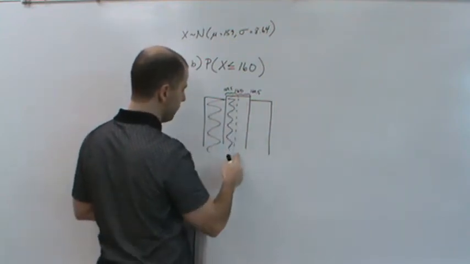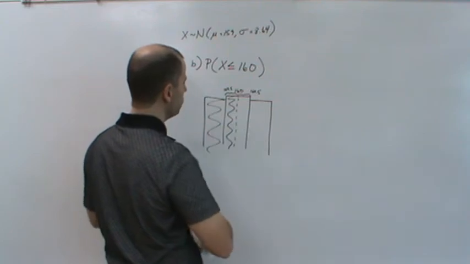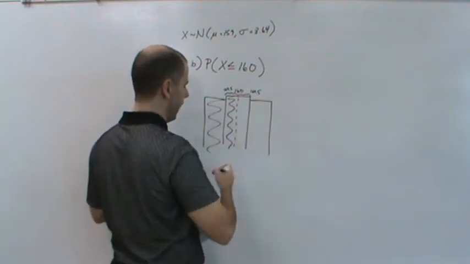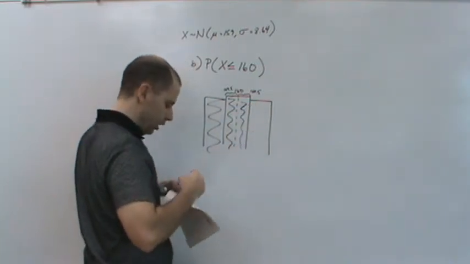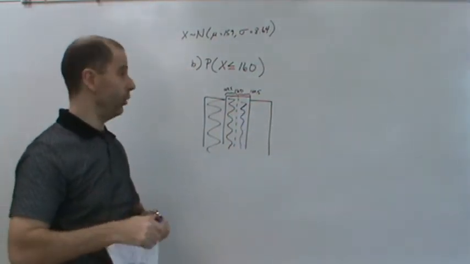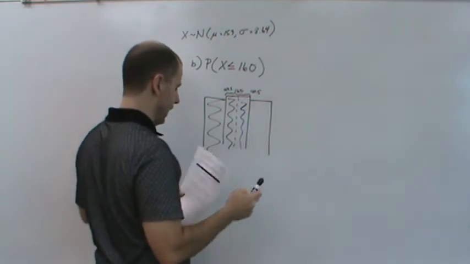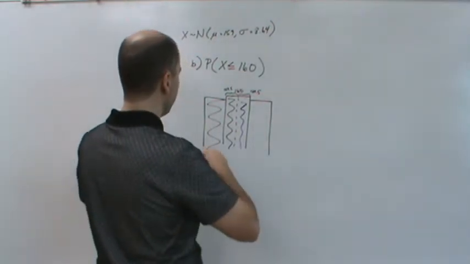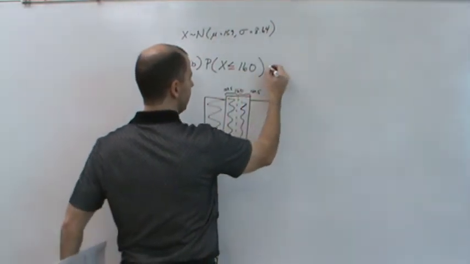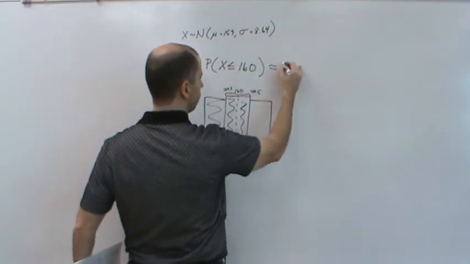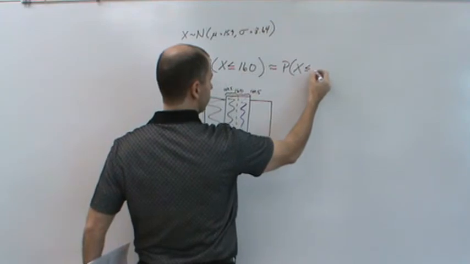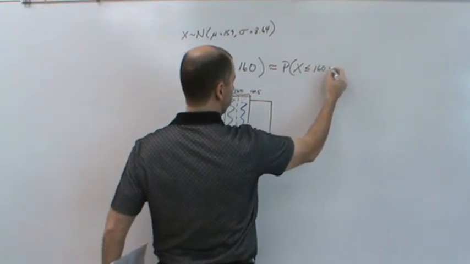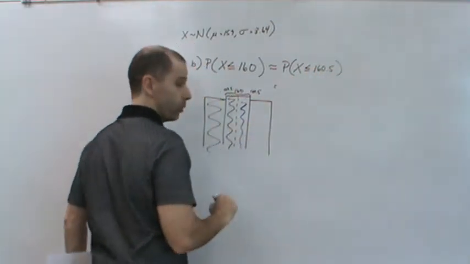We're going to miss this piece here. So we want to add 0.5 to make sure that we get all of this. And so that's what we're going to do. So if we add 0.5, then this probability is approximately equal to the probability that x is less than or equal to 160.5.